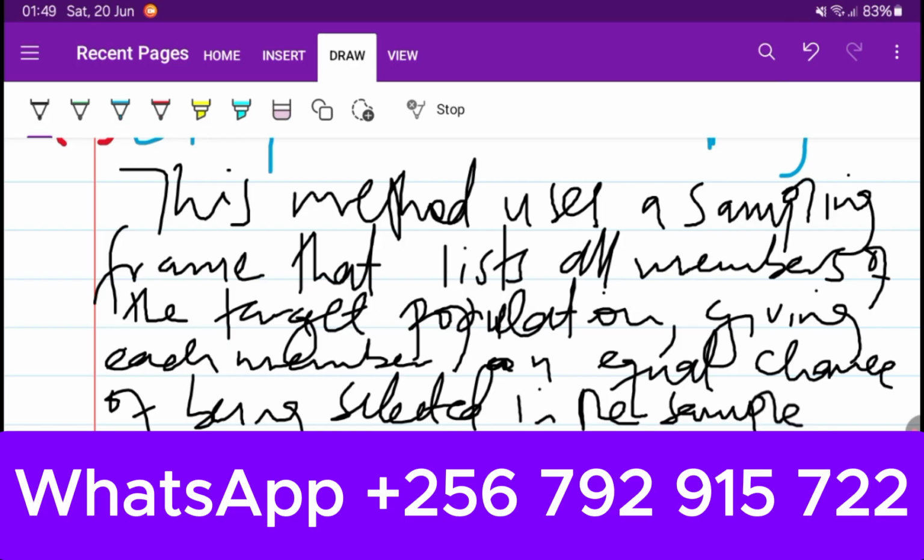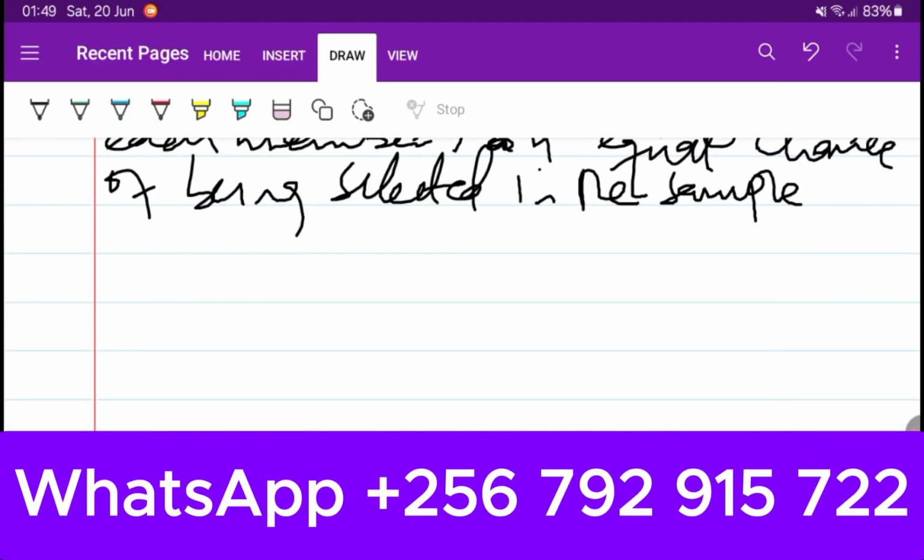Of course, this method is the one that is more applied, and among the examples or cases where we have seen it being applied, let's look at the UNBS, the Uganda National Bureau of Standards.